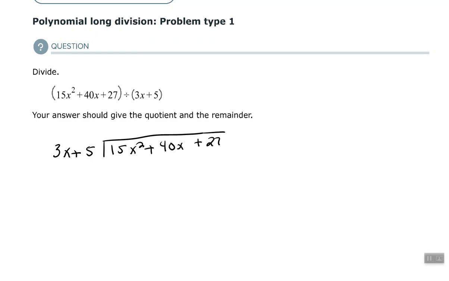And we have to make sure that this is in complete descending variable order, which means if I have an x squared, then I must have a term that has x to the first and then my regular integer, which I do. I have x squared, and then 40x to the first, and then 27. So we're good.